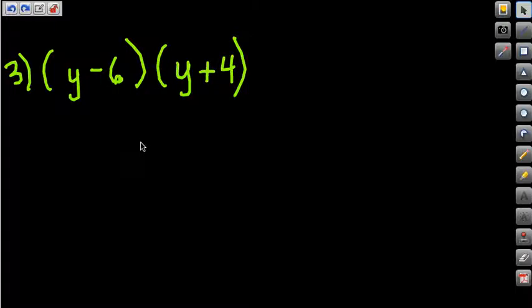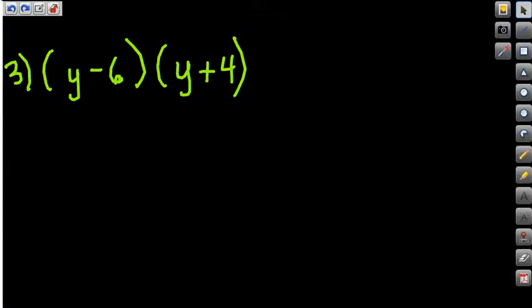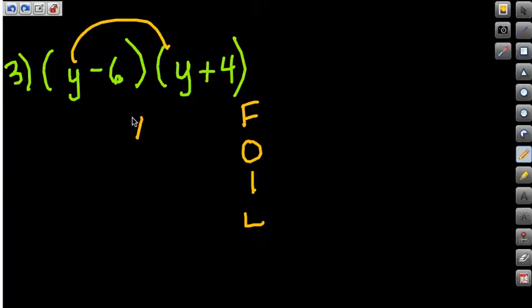Okay, so let's first try the FOIL method. Remember, the FOIL is, we'll just kind of write each term here. So we have an F, first, outer, inner, and last. So our first thing to do is the y's. So that's going to be y squared.